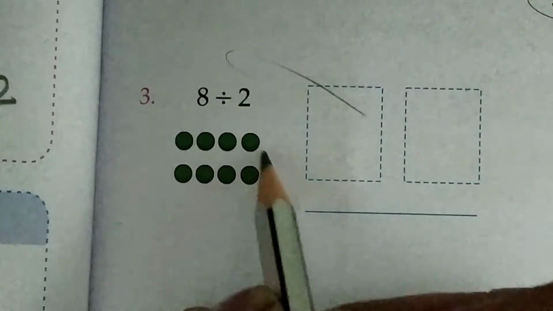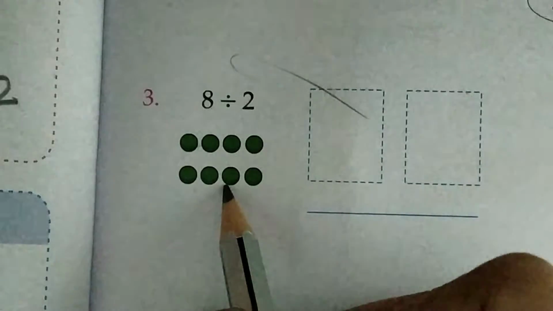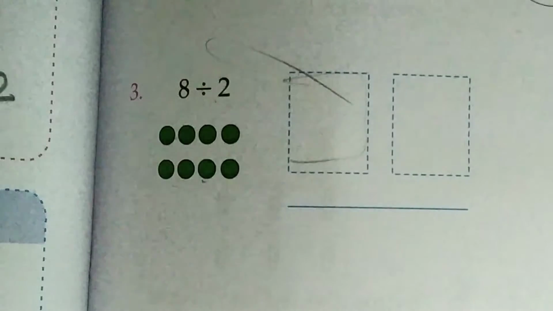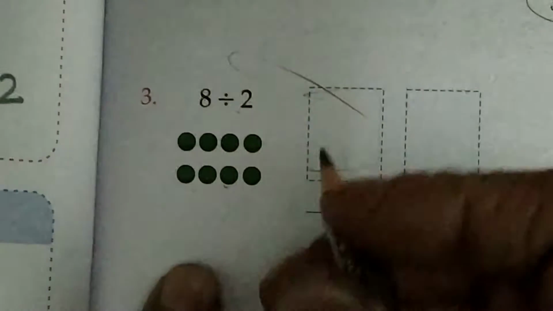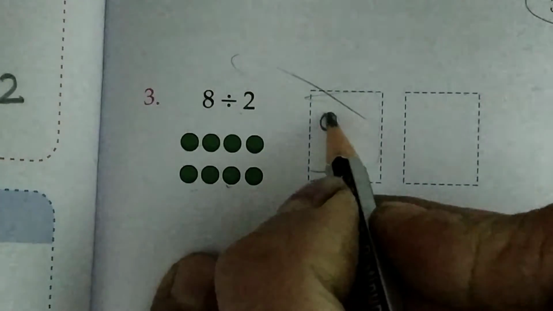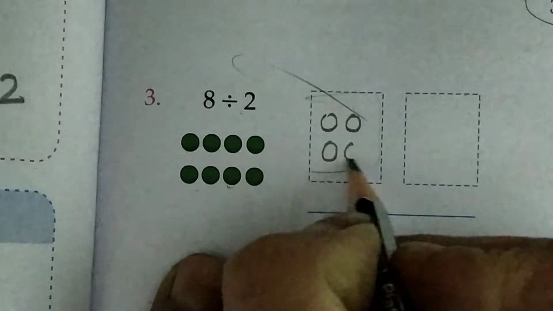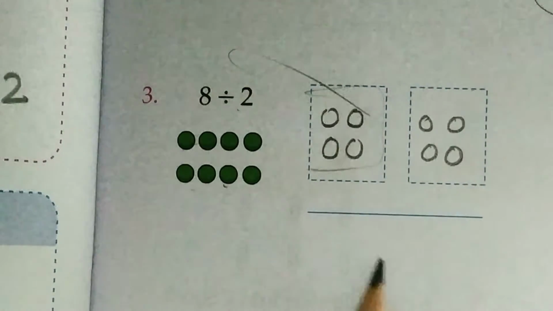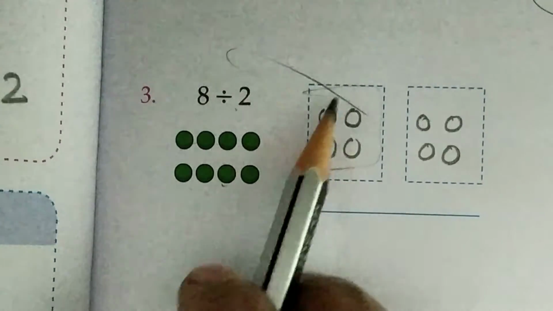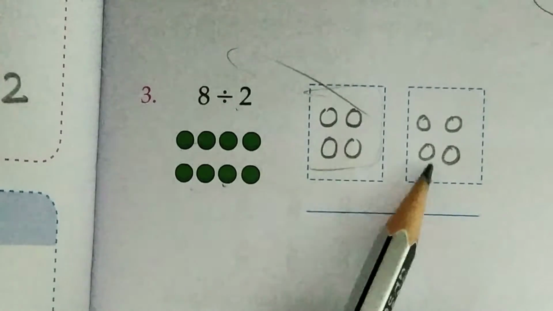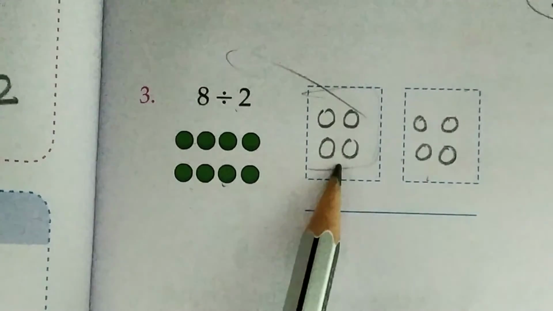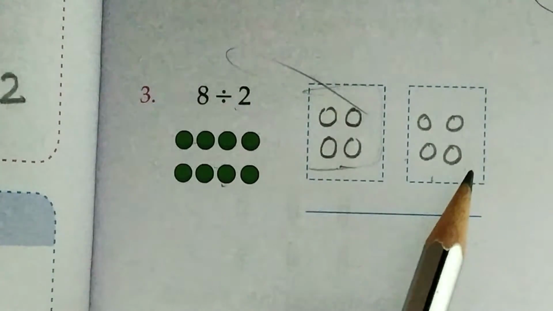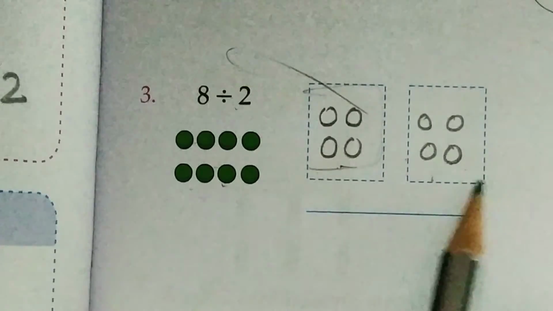Here are 8 dots, 8 balls and 2 blocks. We read the table of 2. Yes, you can see here are 2 groups, and each group having four balls equally. If we divide it equally, division means equal division.